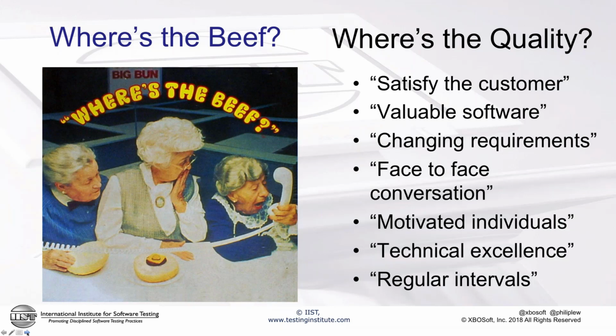Satisfy the customer, valuable software, changing requirements, face-to-face conversation. There's no mention of quality still, and no mention of testing. We have excellence, that's a good word. Valuable, that's a good word. Satisfy the customer. Those are all good phrases, but there's no mention that we need to have quality in order to get there.